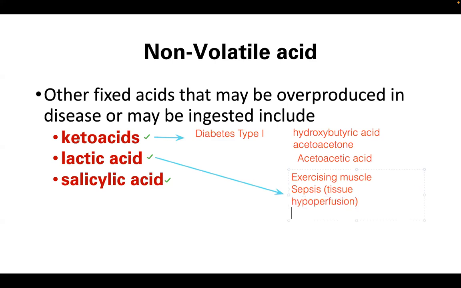You can also encounter lactic acid in an exercising muscle, a septic patient, particularly when there's hypotension or tissue hypoperfusion. Lactic acidosis is also associated with ingestion of what oral hypoglycemic agent? What oral hypoglycemic agent is associated with lactic acidosis?